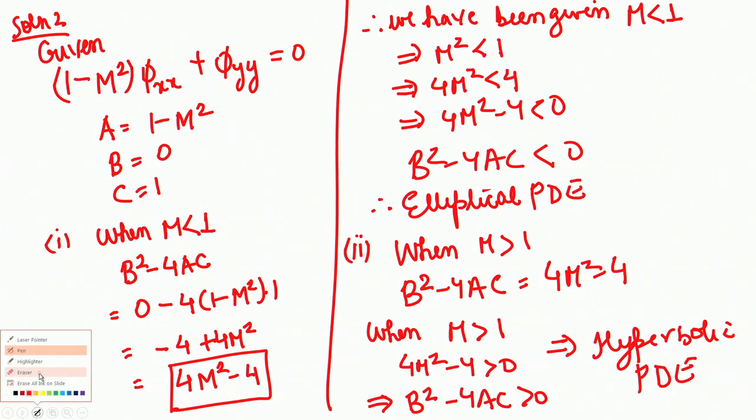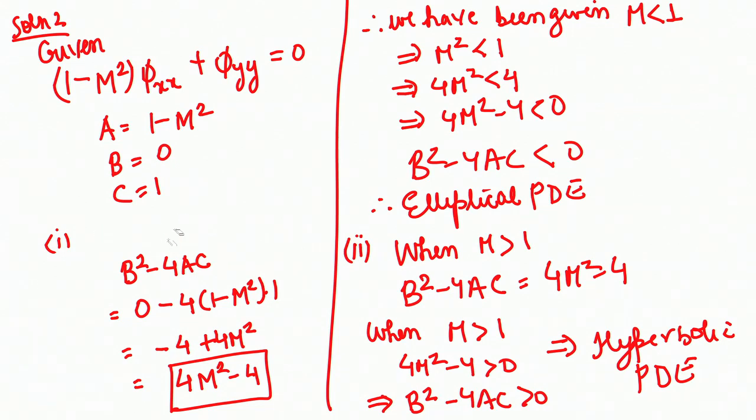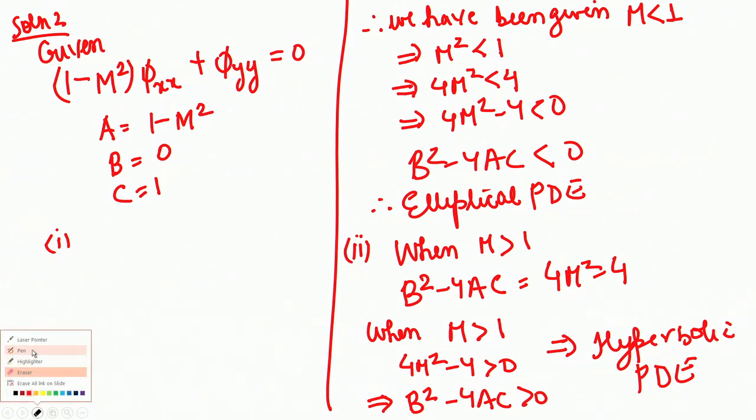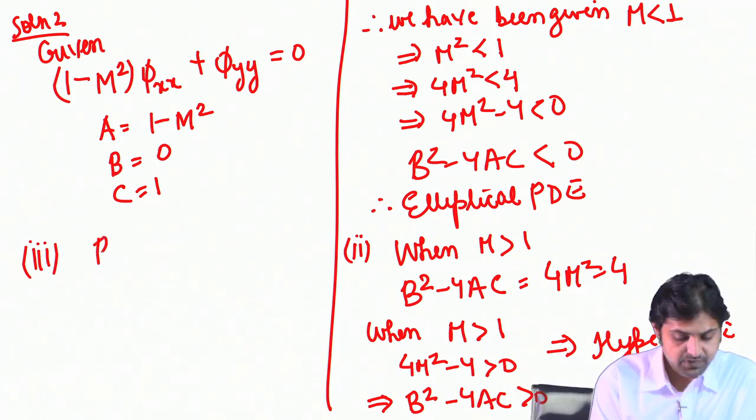now the third part is, I'll rub this one here. B square minus 4ac when m is equal to 1.